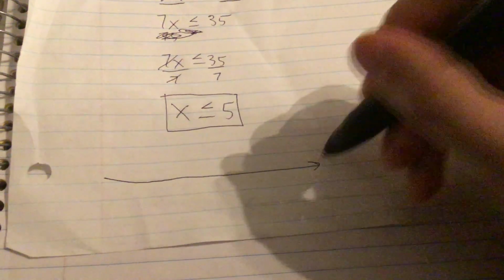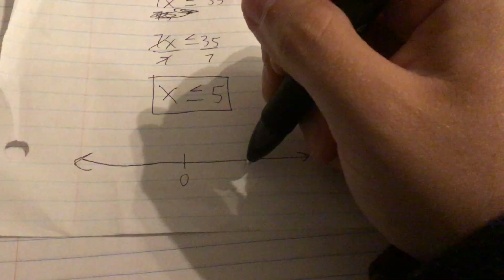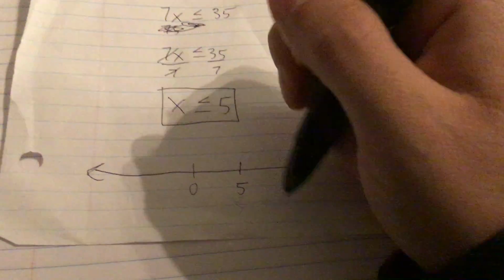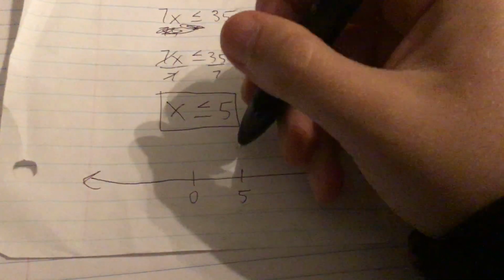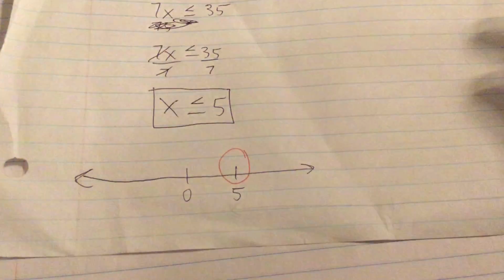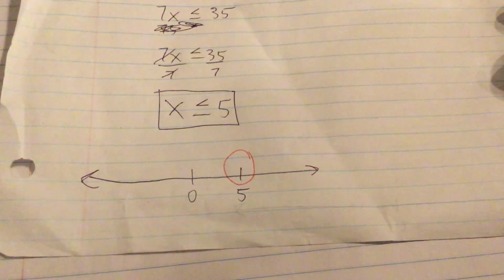So I'm going to put a horizontal number line, 0 in the middle, 5 is to the right. I'm going to circle my endpoint, make it obvious. And all values less than 5 get shaded to the left.